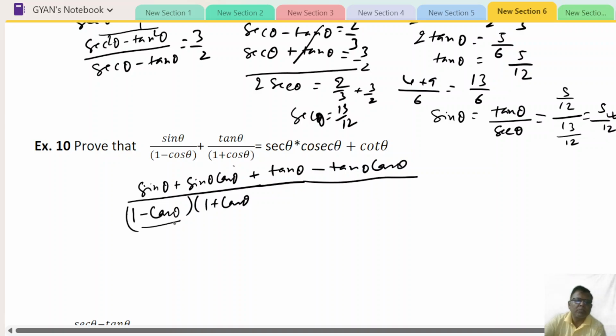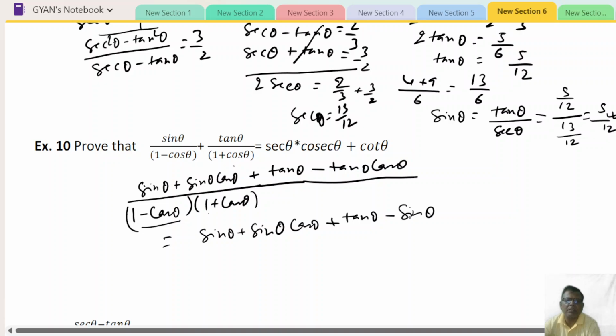So 1 minus a, 1 plus a, so 1 minus cos square theta. And here sin theta plus sin theta into cos theta plus tan theta minus tan theta sin theta divided by cos, the terms cancel.